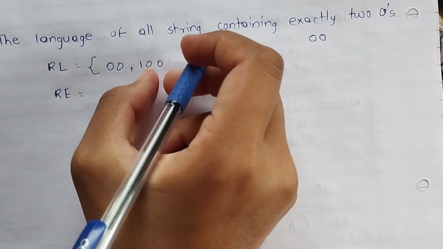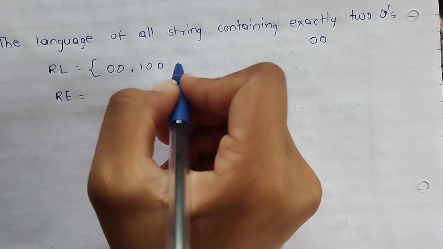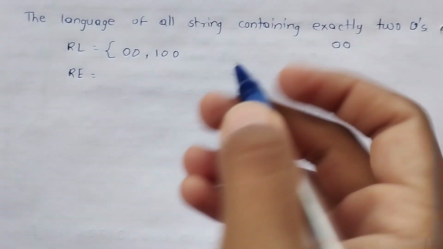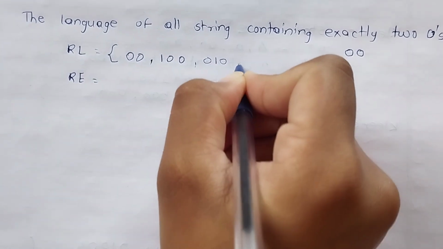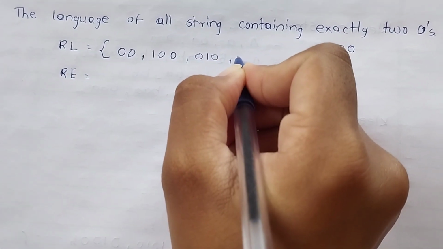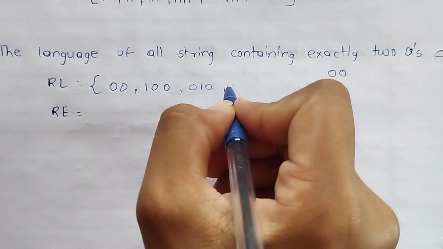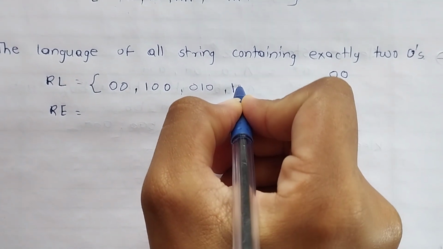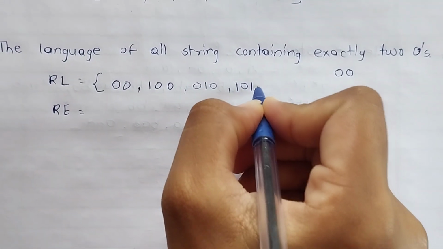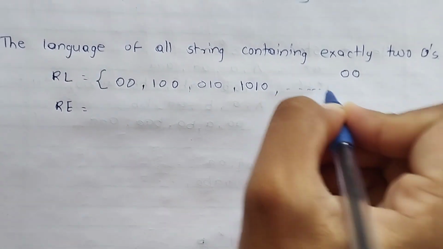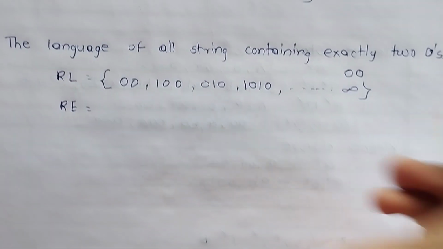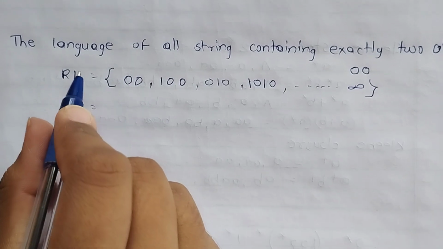Here also 2 zeros are present, and exactly 2. So we can say 010, or then 1010, or any string up to infinity. So this is the regular language.